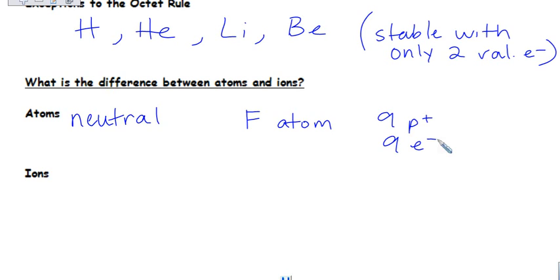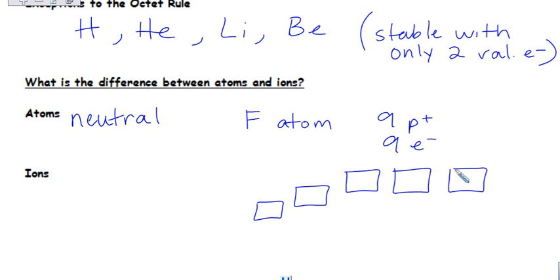However, neutral does not always mean stable. And here's kind of a big misconception. Let's look at the electrons in fluorine. Maybe we'll draw a little orbital diagram. So here are the electrons in fluorine. We'd have the 1s, the 2s, and these would be the 2p orbitals.